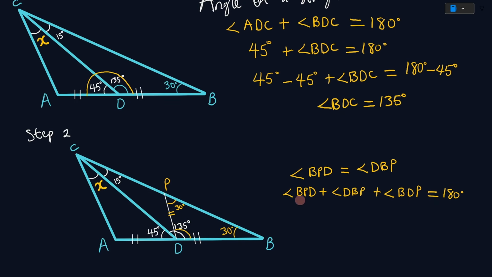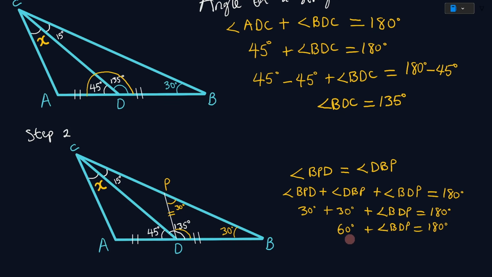What is our angle BPD? Angle BPD is 30 degrees. What about angle DBP? Angle DBP is also 30 degrees. Plus 30 degrees, this should add to angle BDP in order for it to give us 180 degrees. So 30 degrees plus 30 degrees is 60 degrees, plus angle BDP equal to 180 degrees.